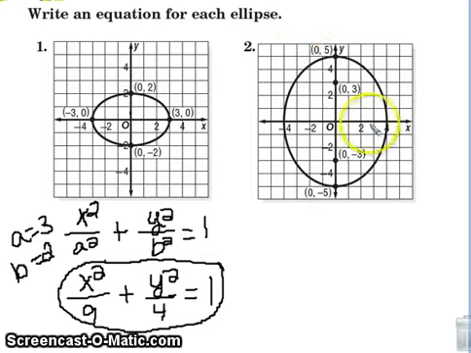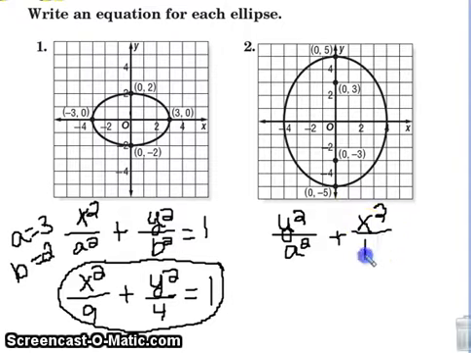Alright, what happens with number 2? Horizontal or vertical? It's going to be vertical. So we've got y squared over a squared plus x squared over b squared equals 1. What is my A? It's not 0 because we have a distance.